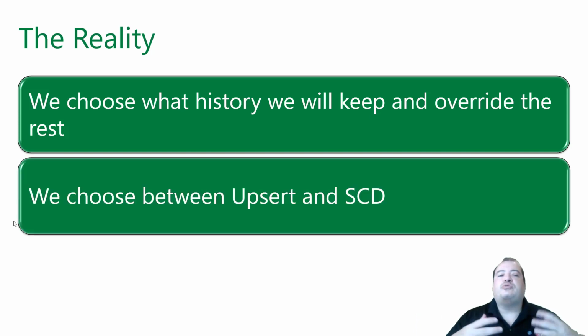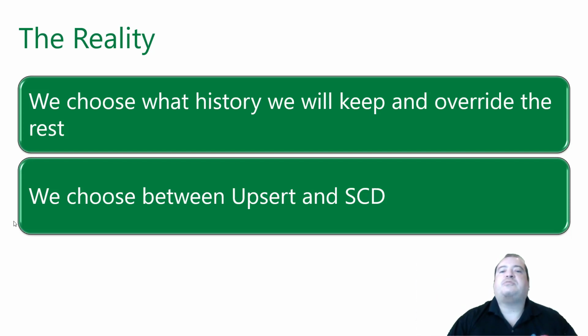So we choose an architectural approach between using an upsert, where we receive a record that already exists in the data lake and we update that record. In this case, we are losing the history. We lose the history making an upsert.